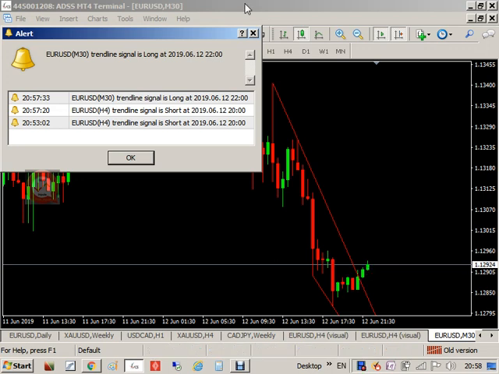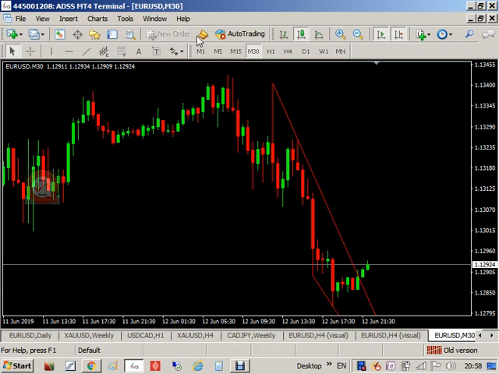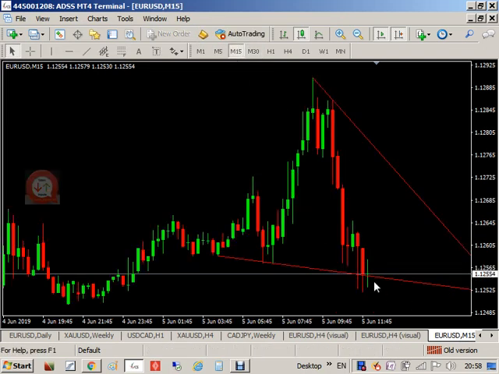Okay, so if we go now to 15 minutes, we see here the price is almost touching the support but hasn't broken up yet.